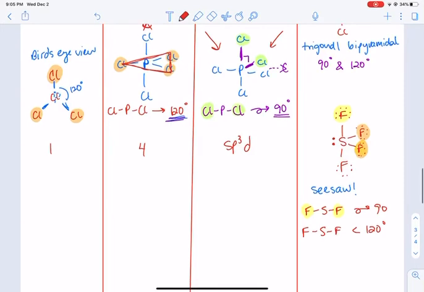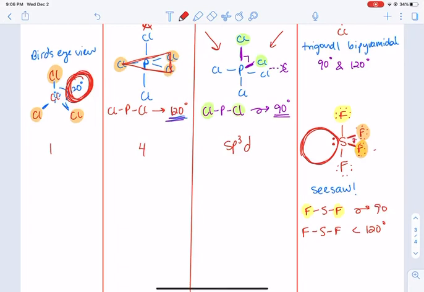Now, the reason for that is because normally you would think it would be 120 degrees like in PCl5. However, this lone pair takes up a lot of space, right? Lone pairs like to take up a lot of space. And so we know based on Coulomb's law that electrons repel each other. These lone pair electrons repel against these bonds and force them closer together.